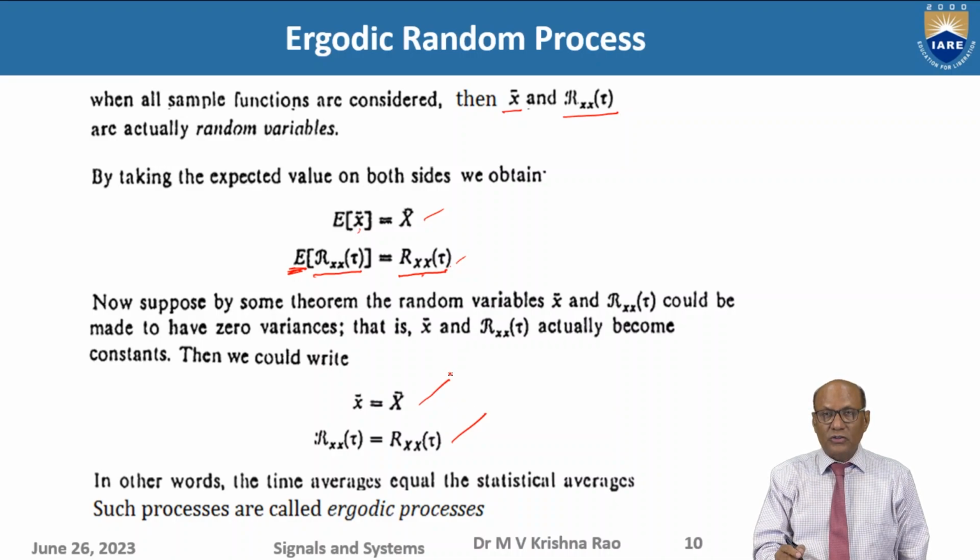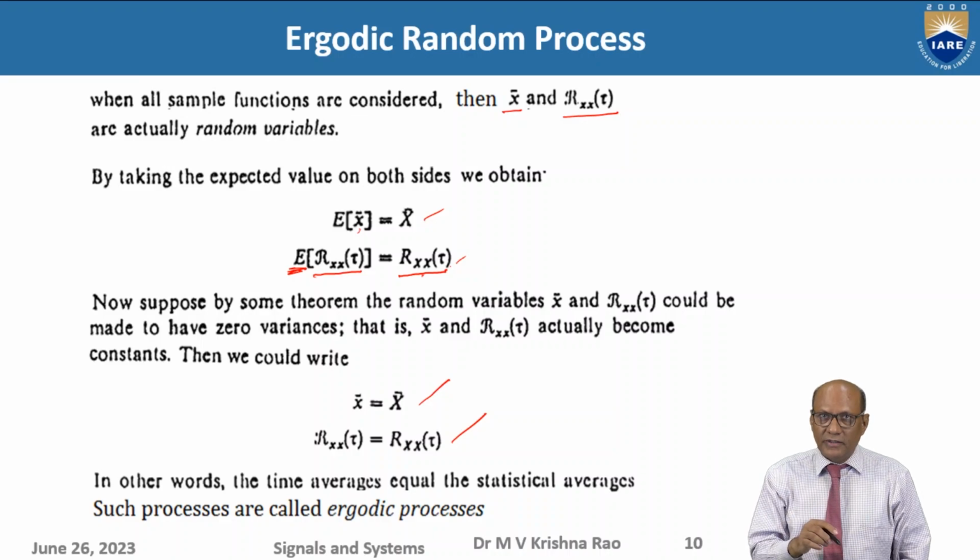So these are the two global features of a random process. Whenever you specify a random process, you don't specify it by an individual member function because it varies randomly. You cannot predict it. If you know one value at the current time, you cannot predict the value at another instant.